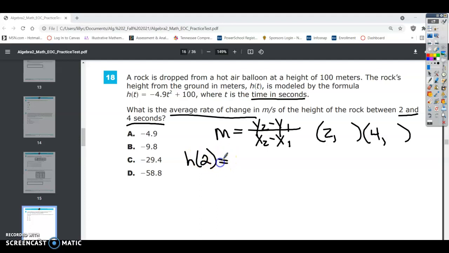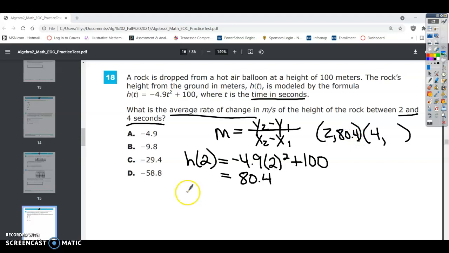So I'm going to do h of 2 equals negative 4.9 times 2 squared plus 100. All right, so if I plug this into my calculator, I'm going to see that h of 2 is equal to 80.4, and that would be my height. But anyways, that is my y value here. So I'm going to put 80.4.